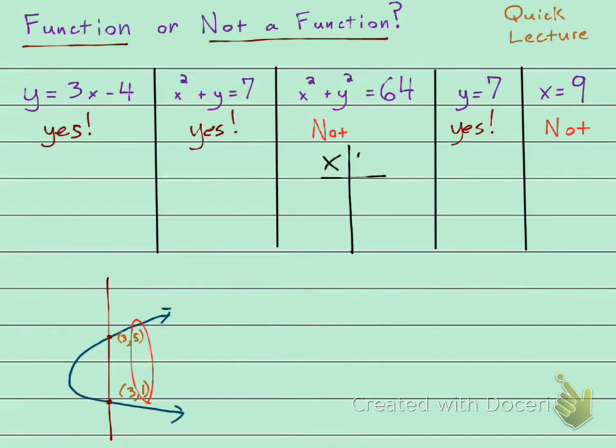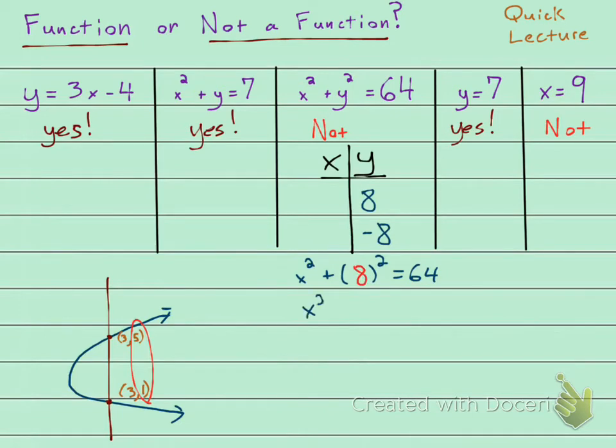If I make a t-table and I plug in some numbers for y, first I'm going to plug in an 8, then I'm going to plug in a -8. Now watch what happens. X squared plus y squared equals 64. I'm going to plug in an 8.